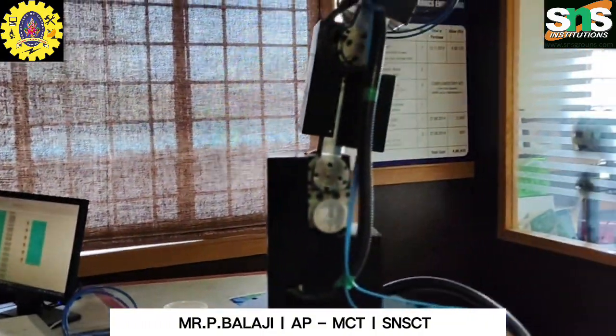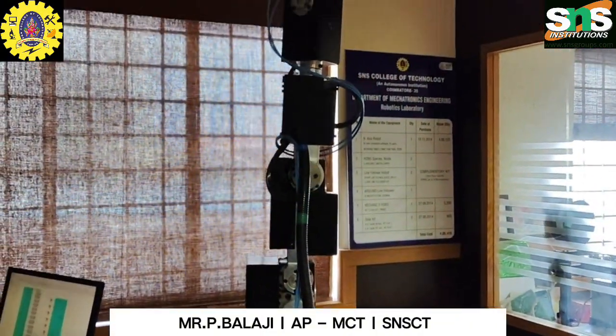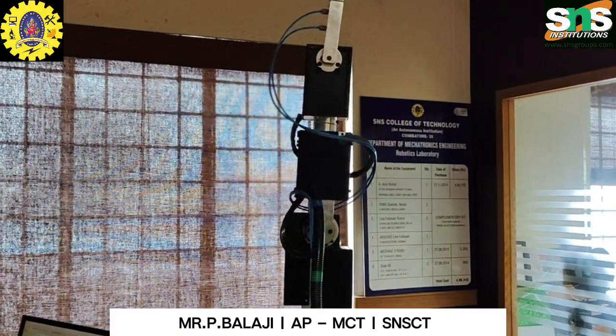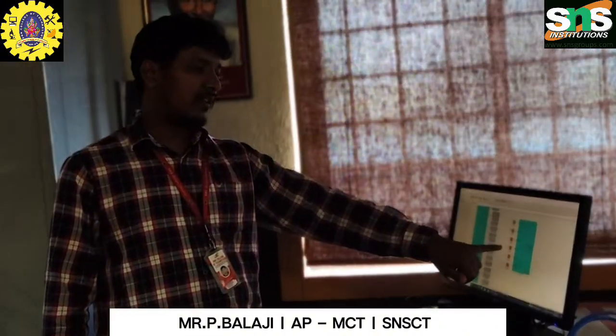For the home position, the robot will come to the home position. For the entire degrees we will be getting 0. You can check it here. Axis 1 is getting 0, axis 2 also getting 0, axis 3 also getting 0, and axes 4 and 5 also getting 0. The gripper will open. So likewise, you have to control these kinds of experiments.